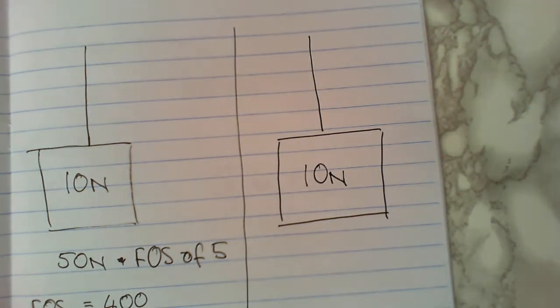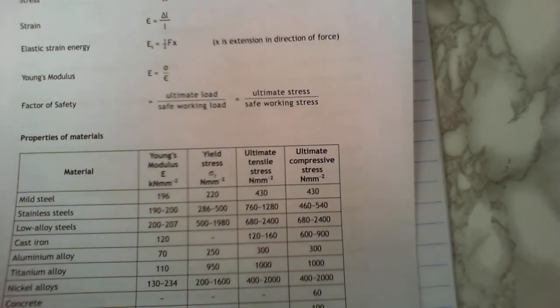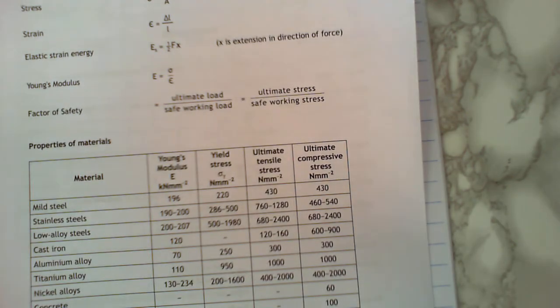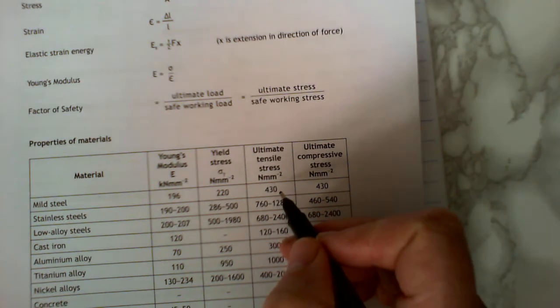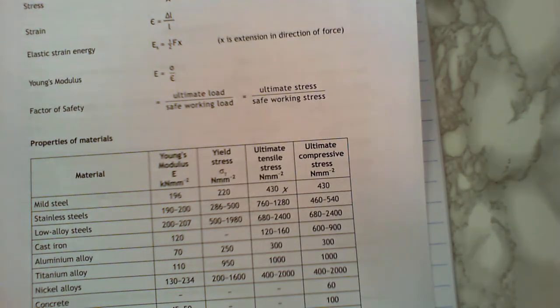So let's say that we know for a fact that they're going to use steel for this wire here. So they're going to use mild steel. If I look here at the mild steel, I can see that mild steel will break at this point here, 430.